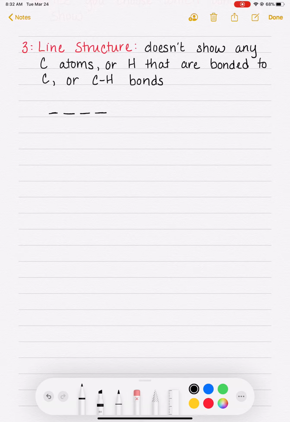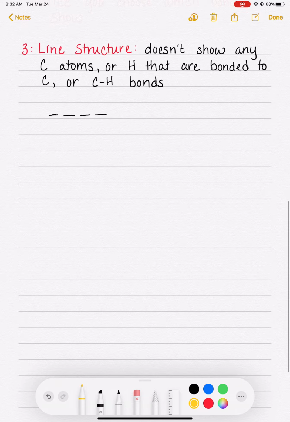Now this structure here looks weird. It's going to be easy for us to not be able to interpret that very well just because it looks funky.